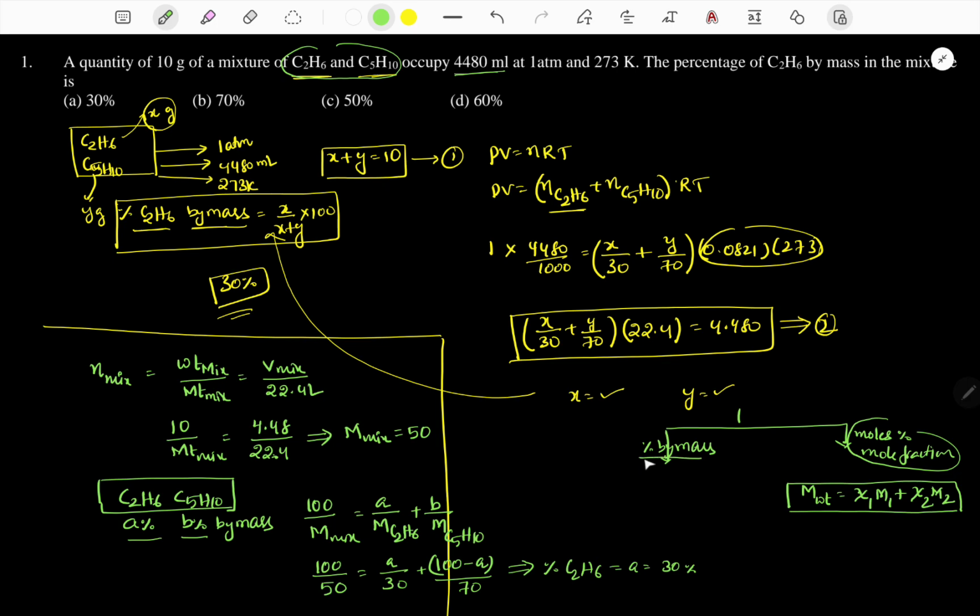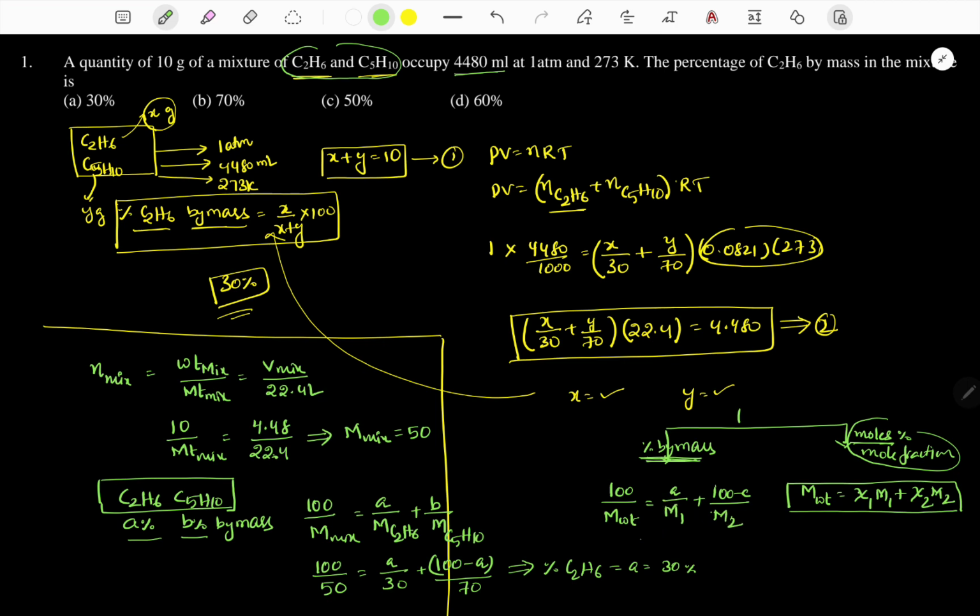And this is percentage by mass: 100 by average molecular weight equals A by molecular weight of M1 plus 100 minus A by molecular weight of M2.